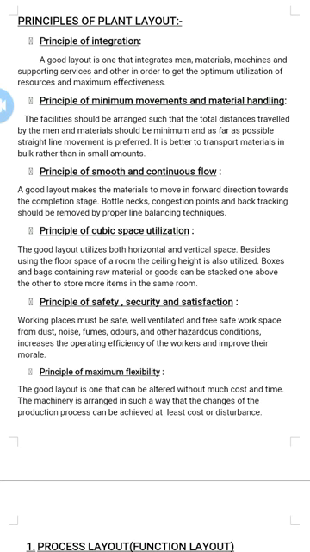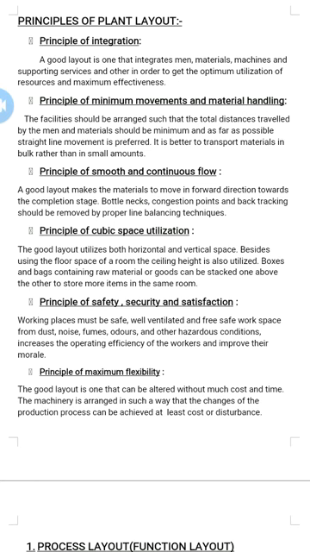The next principle is the principle of smooth and continuous flow. A good layout makes the material move in the forward direction towards the completion stage. So always in the forward direction. No bottlenecks, no congestion points and no backtracking must be observed.